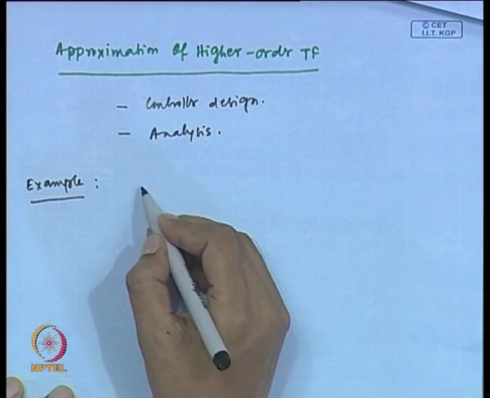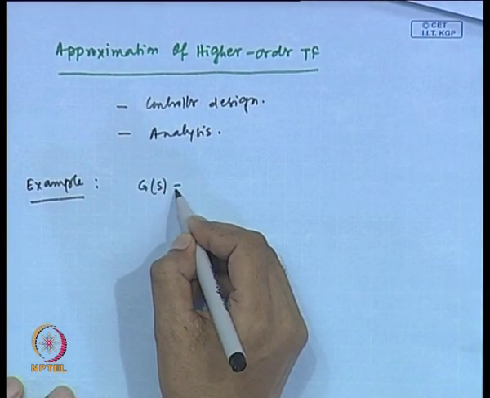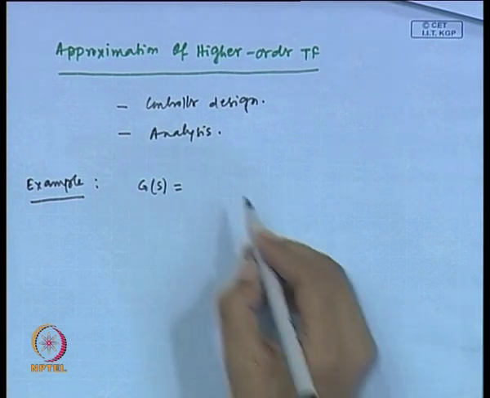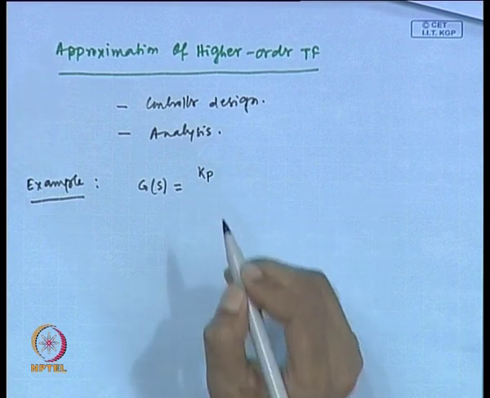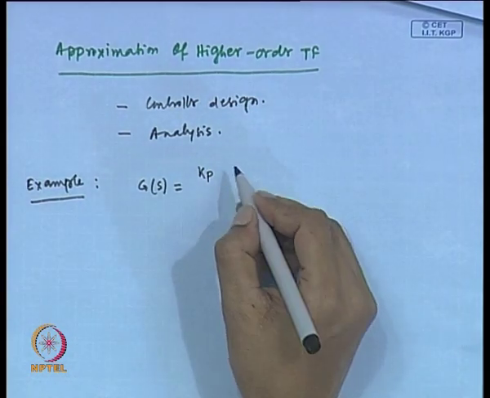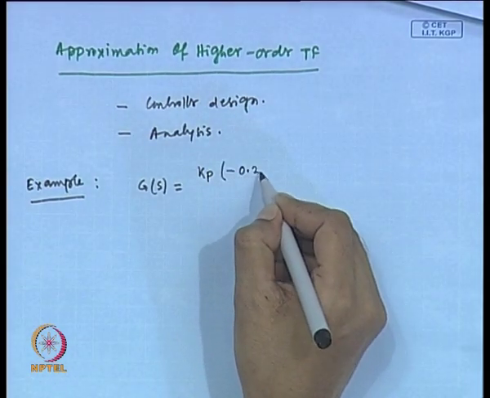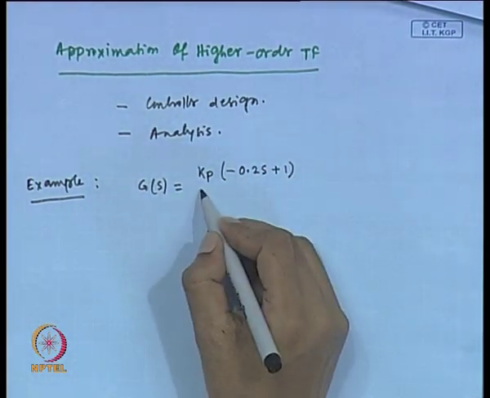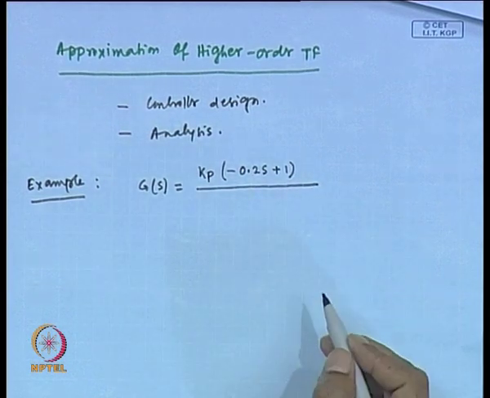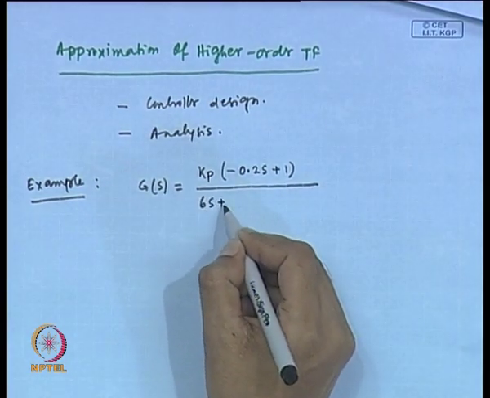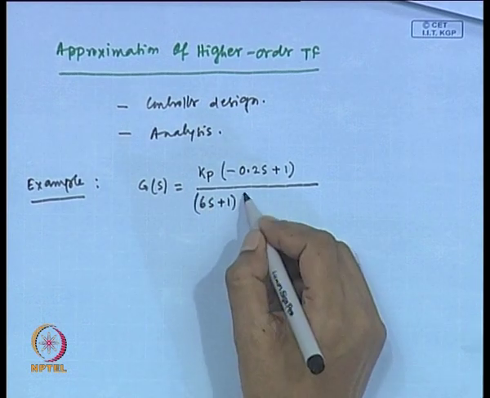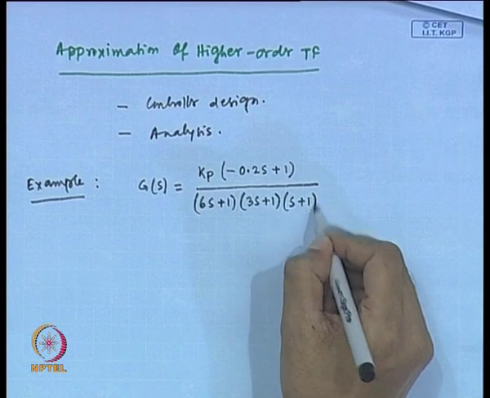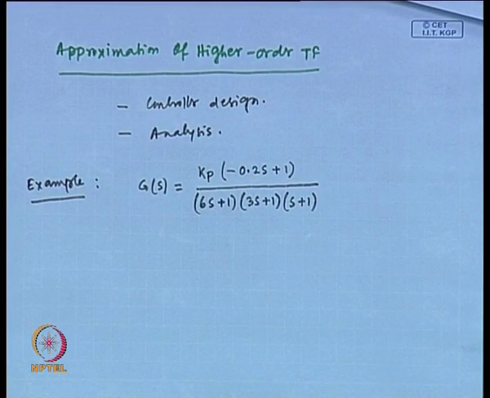Suppose the overall transfer function is given for a particular system by this form: G(s) equals the process gain Kp times (minus 0.2s plus 1), divided by (6s plus 1) multiplied by (3s plus 1) multiplied by (s plus 1).